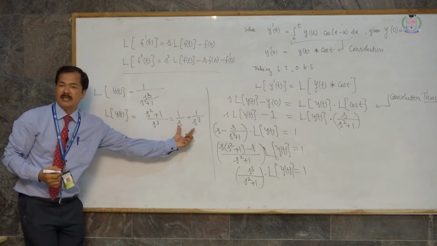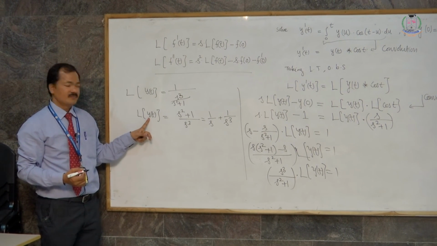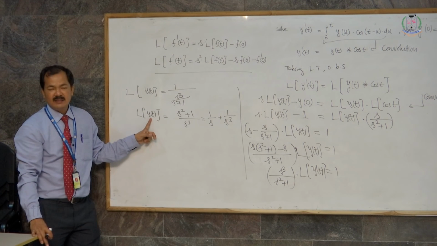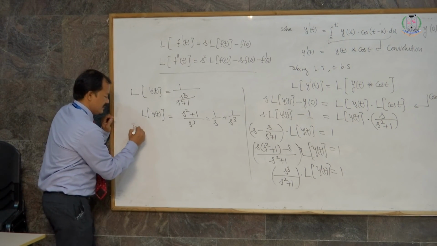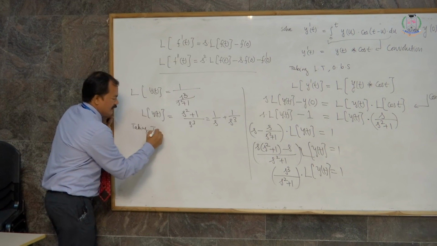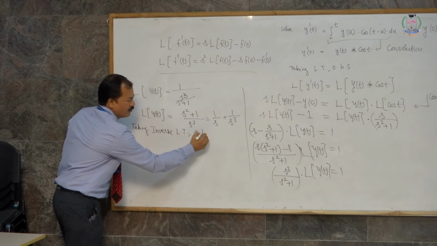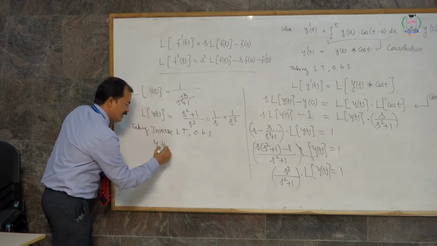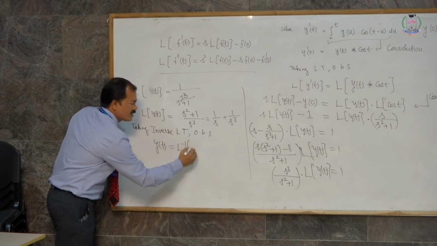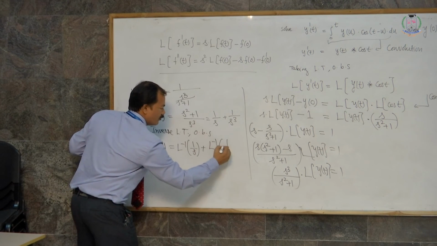So, there are two terms. Our aim is to find y of t. So, L of y of t is here, taking the inverse Laplace transform on both sides. We get L inverse of L identity. So, y of t equals L inverse of 1 upon s plus L inverse of 1 upon s cube.